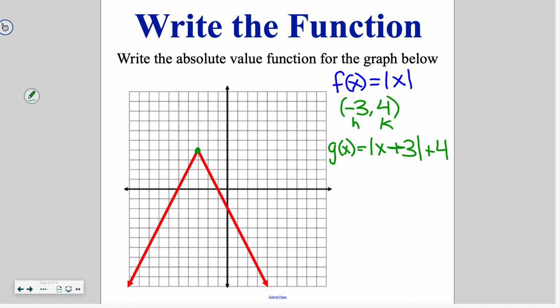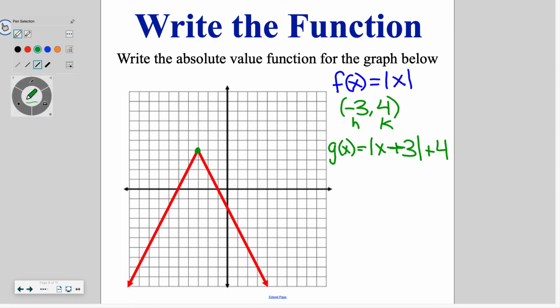Now, the last thing we need to do is check if there is an a value. In this case, my graph has been flipped upside down, so I know that there is going to have to be an a value because that negative a is what flips it over. You always need to check to see if there is an a value.